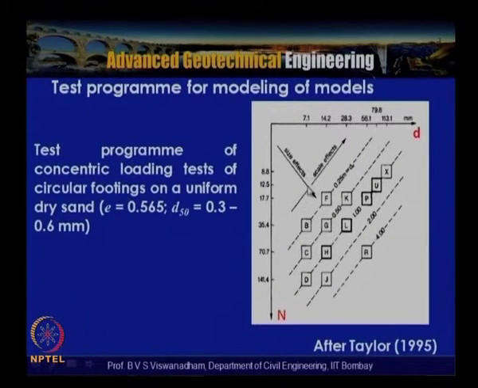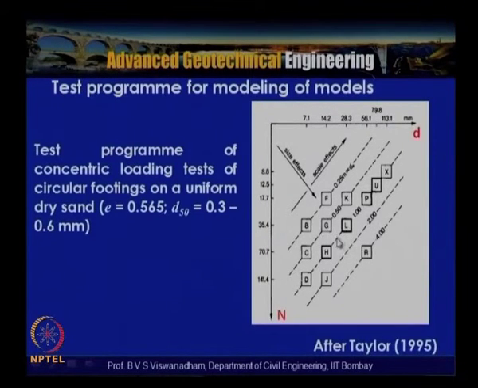For example, this particular model tested at 7.1 mm footing diameter is subjected to a G of 35.4, basically to simulate a 250 mm diameter footing. Similarly, when we take the 1 meter size, this 28.3 mm diameter footing subjected to 35.4 G models a 1 meter diameter circular footing in the field.